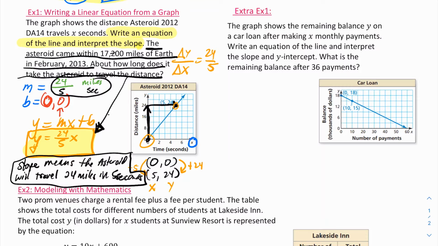Well, we've already talked about what each variable stands for. And since 17,200 is in miles, that means that it needs to go on the y-axis, which means it needs to go where the y is.